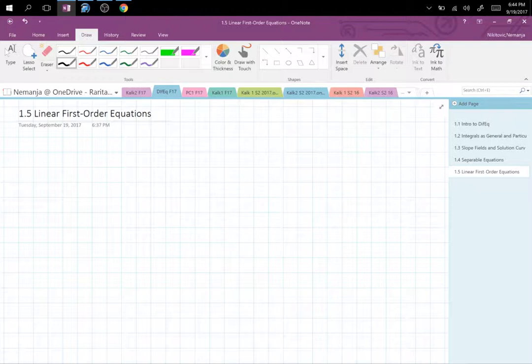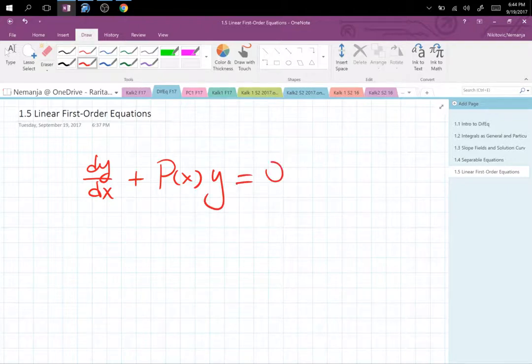And all of these equations can be represented in the form dy/dx plus p of x times y is equal to some q of x. So this is the form of the first order linear differential equation.